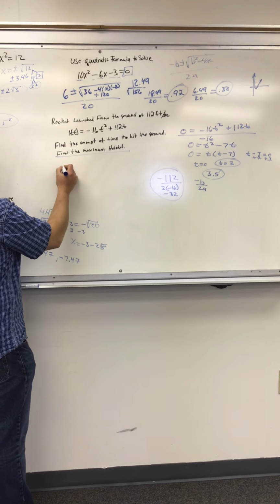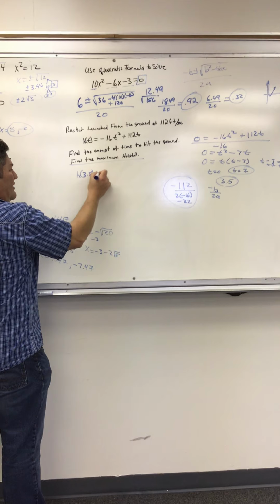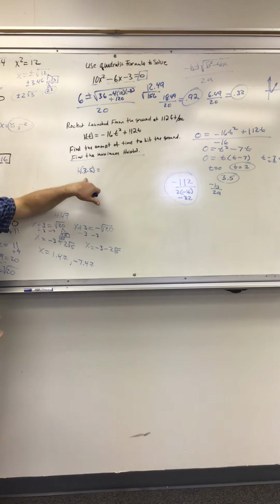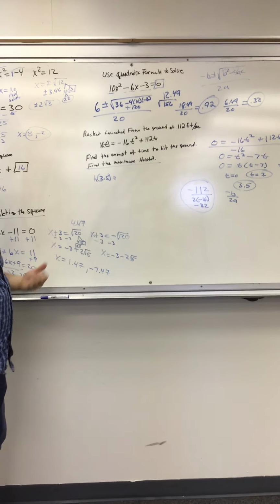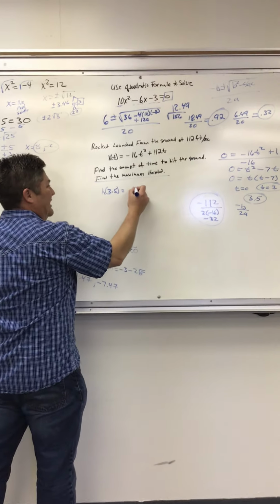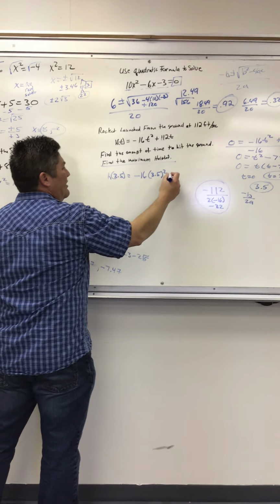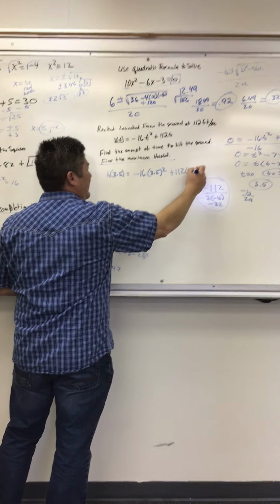So now I write, all right, I want to find h of 3.5. I want to know the height of this rocket after 3.5 seconds. So I'm going to plug in 3.5 seconds: negative 16 times 3.5 squared, plus 112 times 3.5.